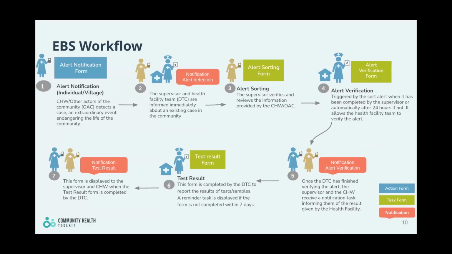During my previous slide I mentioned some steps, so you can see them here in detail. At the first level, the alert notification. It can be for an individual, a person that we notice has some sign of something, or it can be at the village level.